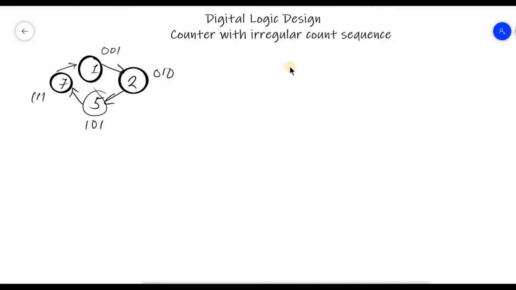So we are going to design the irregular counter using JK flip-flops. For this sequence, we need a total of 3 JK flip-flops.